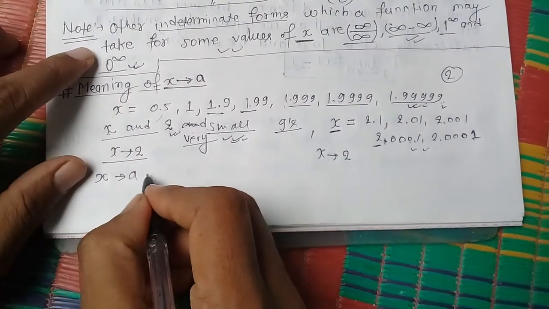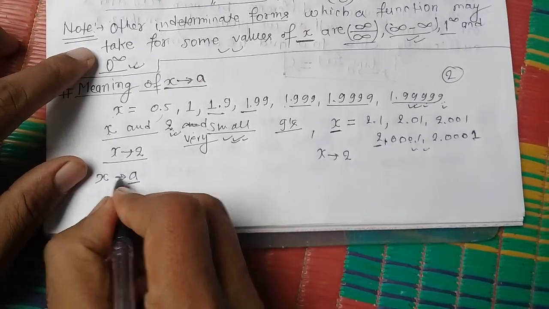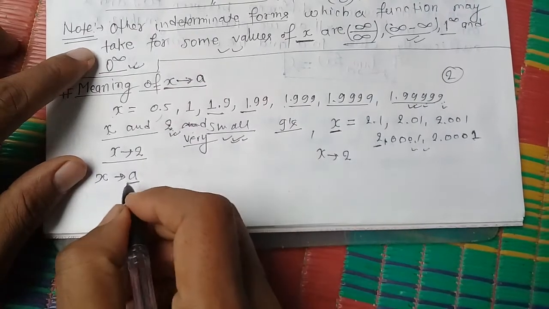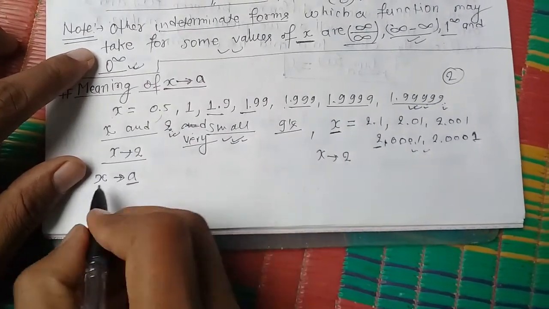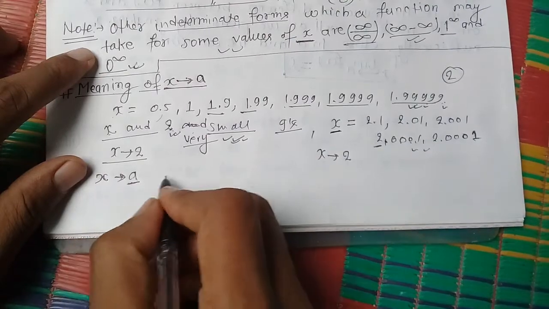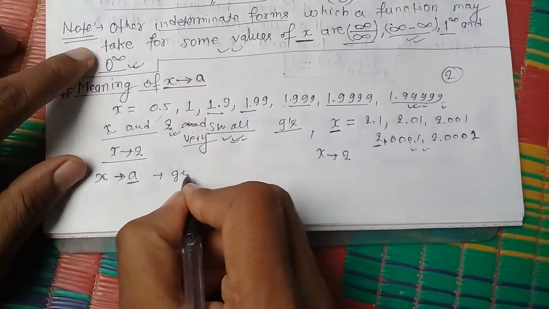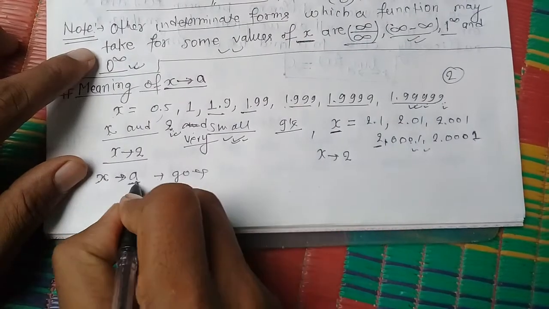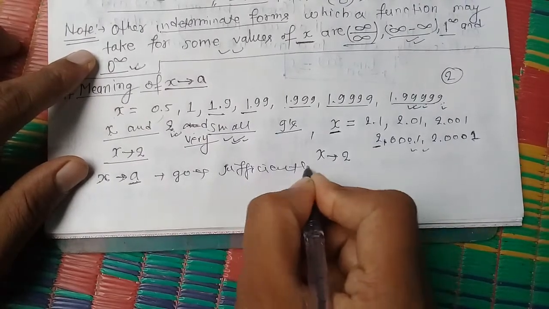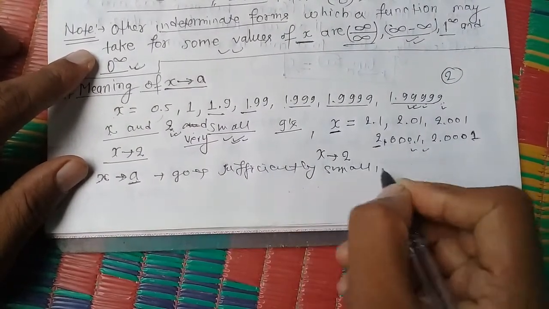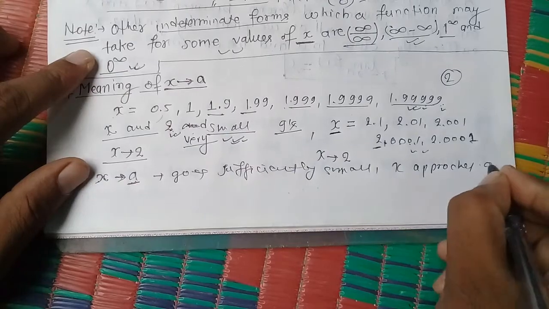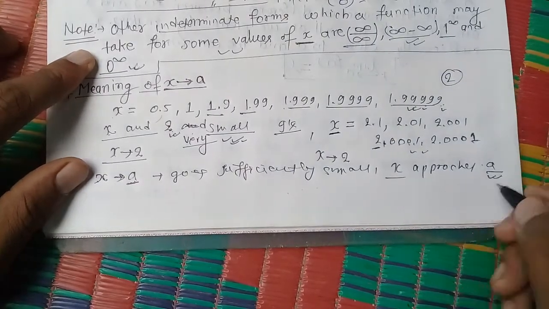If a is any constant number, and the numerical difference between x and a goes to sufficiently small, then x approaches a, but never equals a.